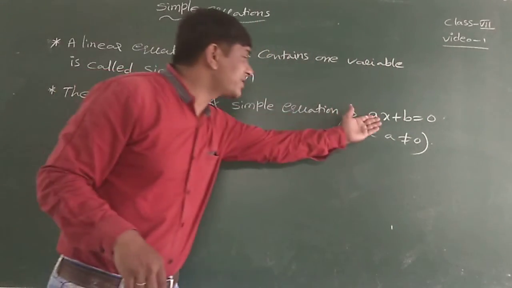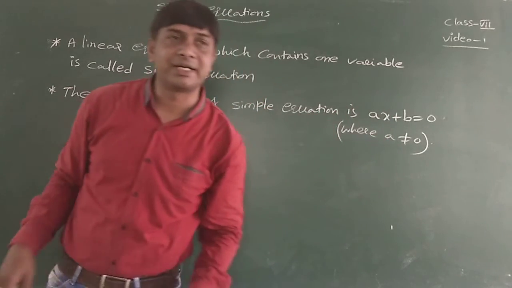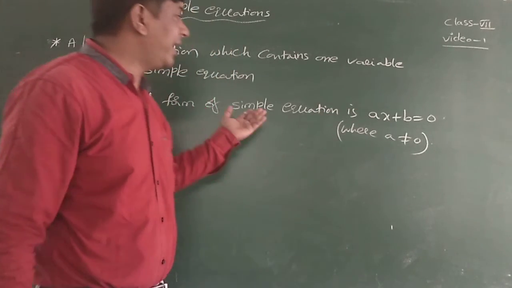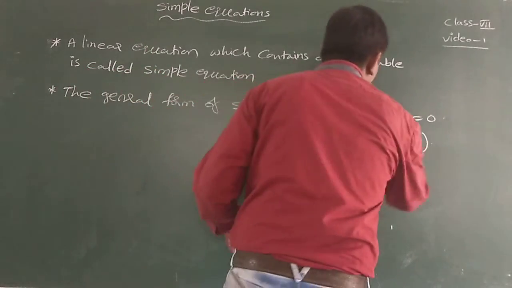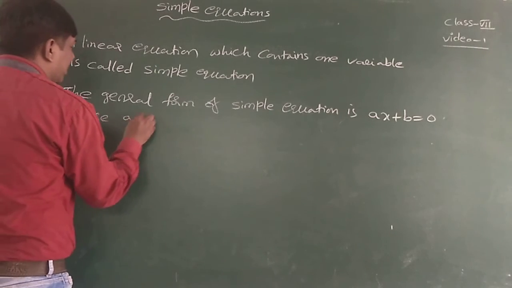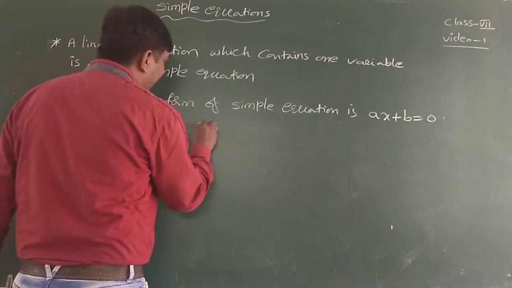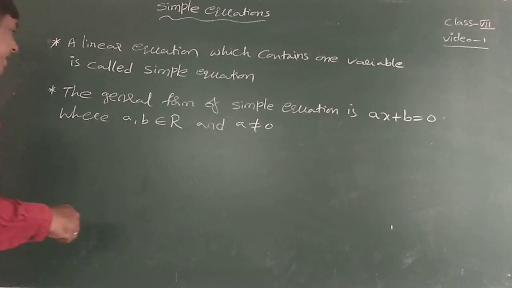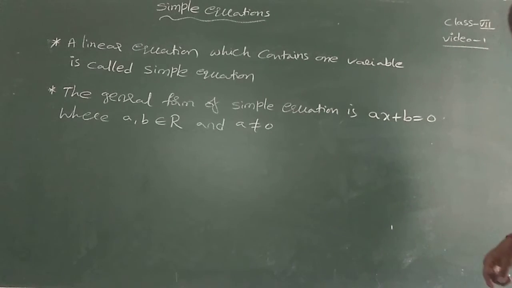If a becomes 0, this whole term becomes 0, and you will get only a constant. b is a constant, where a and b belong to real numbers, any real numbers, and a should not be 0.